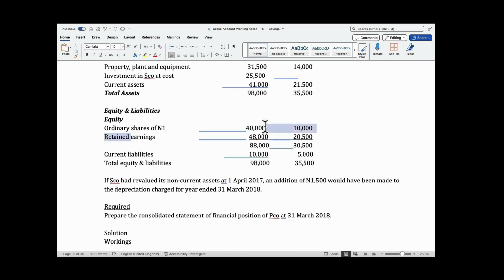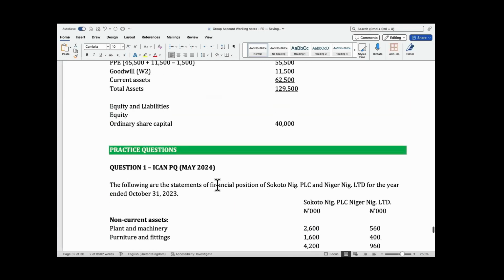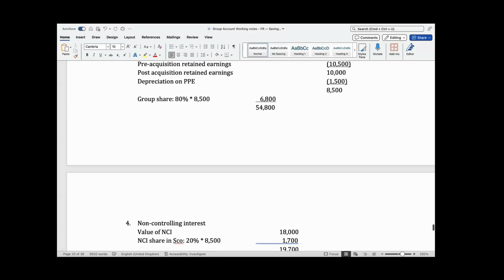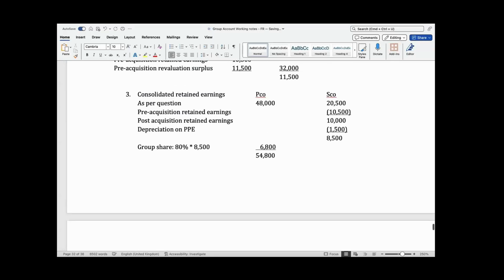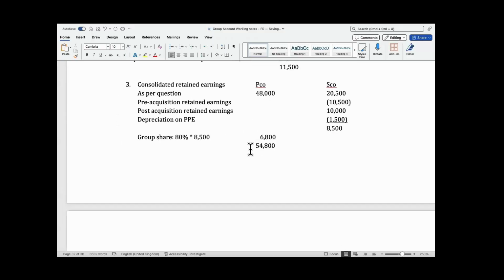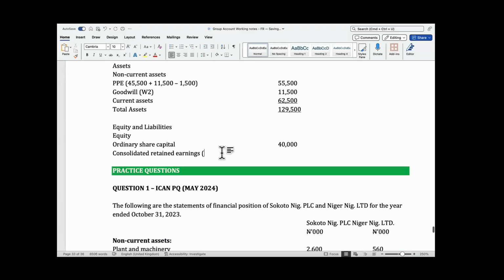Retained earnings. I have my consolidated, 48,000, workings what? Workings 3, that's 54,800. Workings 3.